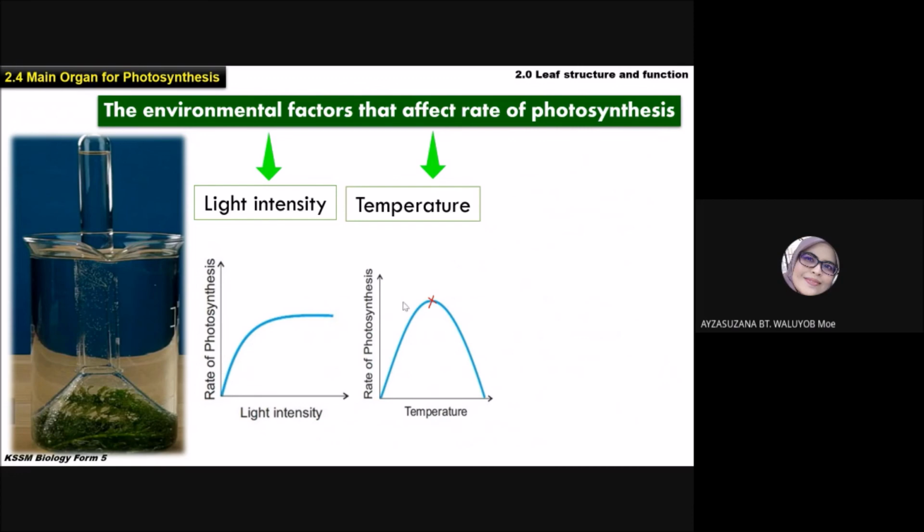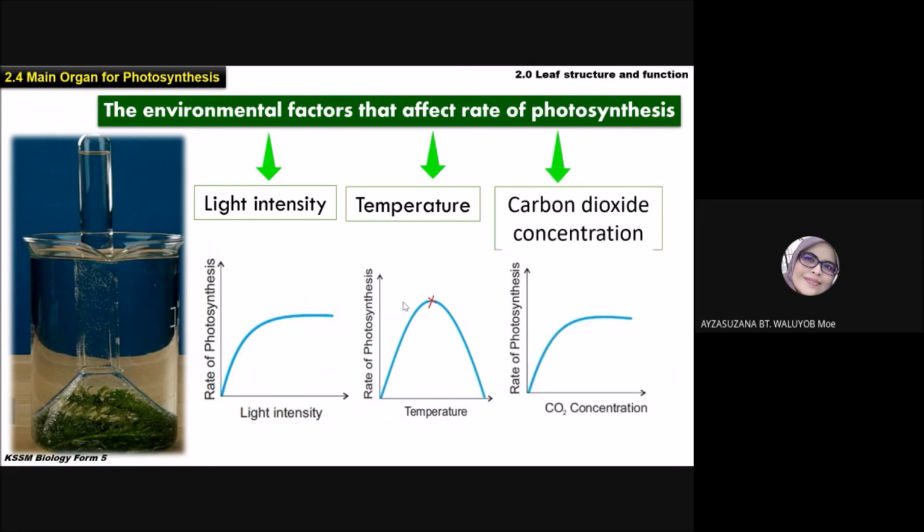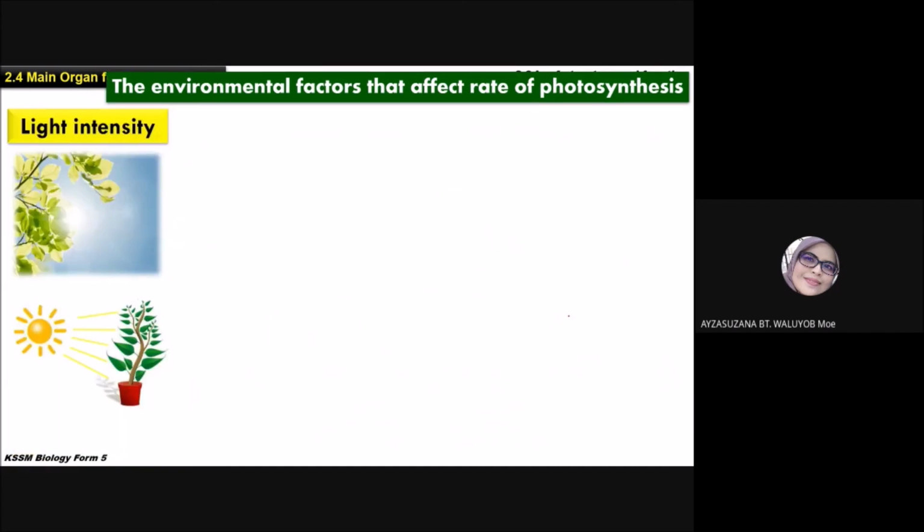Maksudnya banyak cahaya matahari, dia punya fotosintesis berlaku pada tahap maksimum. Carbon dioxide concentration. The more carbon dioxide concentration, the higher the rate of photosynthesis until they reach the constant level. So these 3 factors affect the rate of photosynthesis.